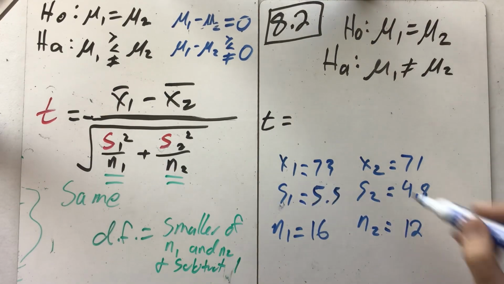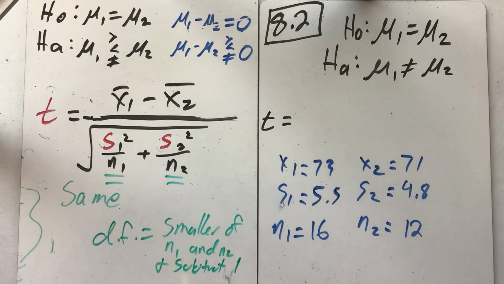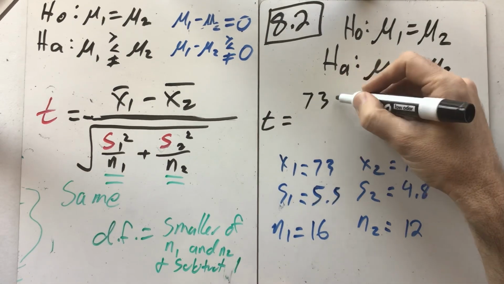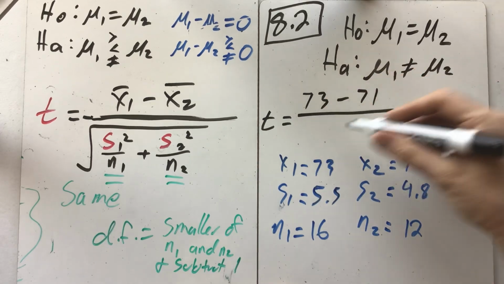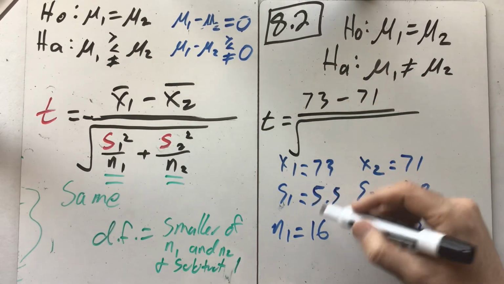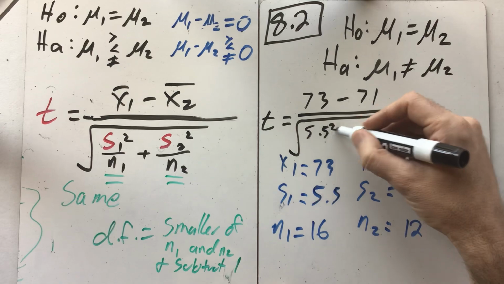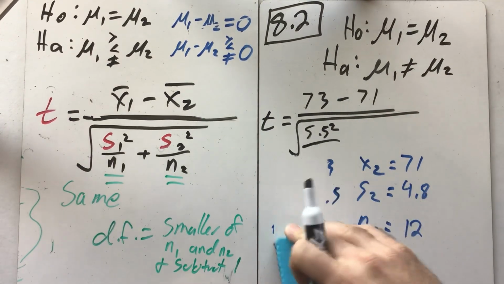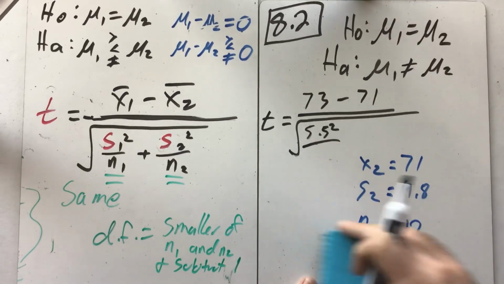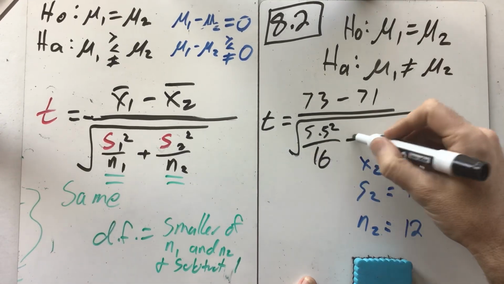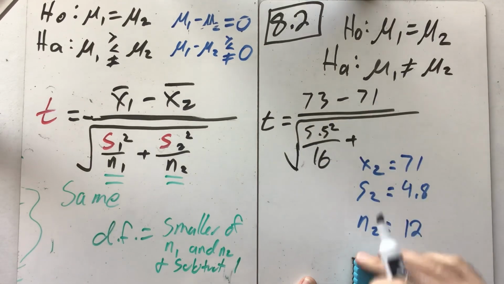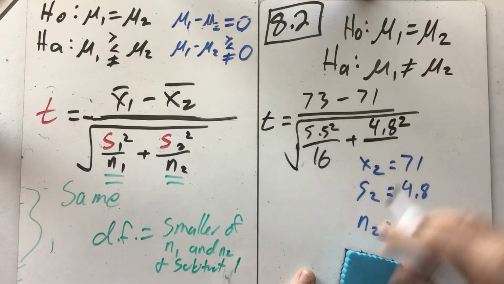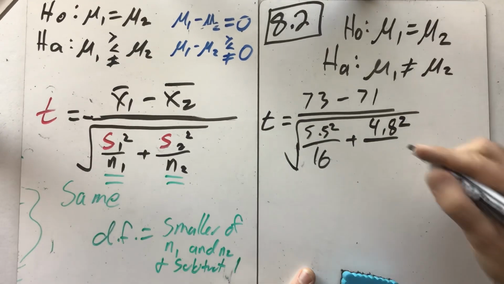So you can see all of our numbers ready to go into our formula, and we're ready to calculate. So let's do it. I'm going to have 73 minus 71 on top. And on the bottom, I'll have the square root of 5.5 squared over 16 plus 4.8 squared divided by, and it looks like 12 is going to be that answer.